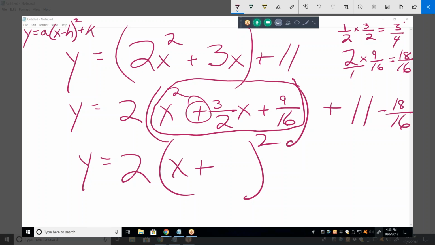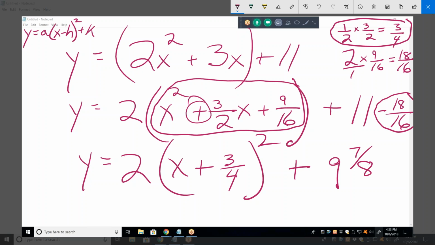What was half of this coefficient right here? The coefficient was 3/2. You took half of it. What is it? 3/4. So it's this. This is 1 1/8. There's your answer.